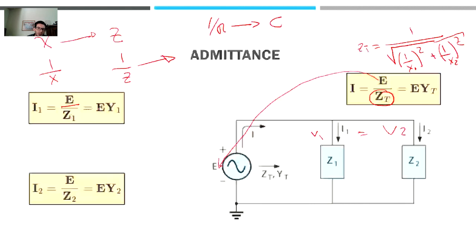Okay, so the symbol for admittance is Y, and it's simply saying that voltage over impedance is the same as voltage times admittance. So that's how we get the current through branch 1. The current through branch 2 is going to be the voltage divided by the impedance of the second element.